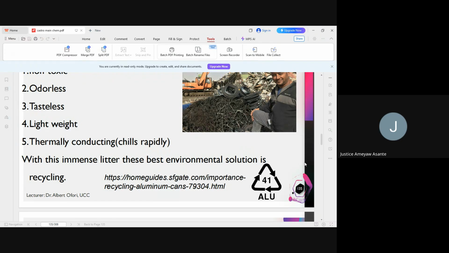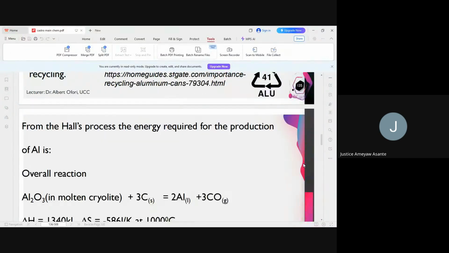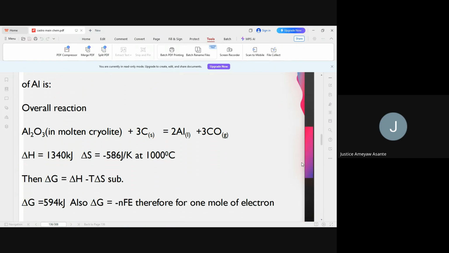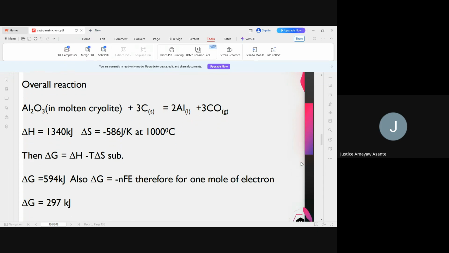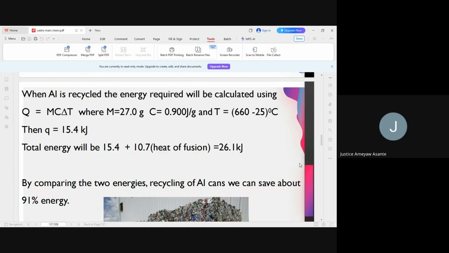This means the best environmental solution is recycling them. So from the whole process, the energy required for the production overall, you are getting the aluminum oxide to go through the same procedure to produce our aluminum once again.